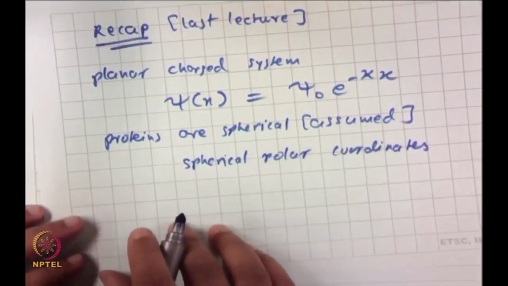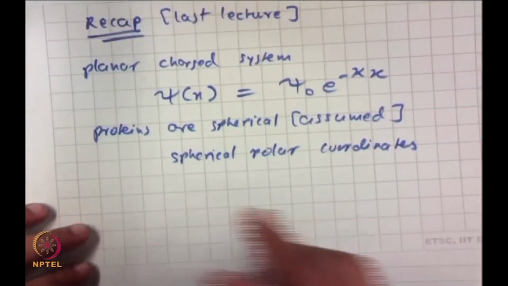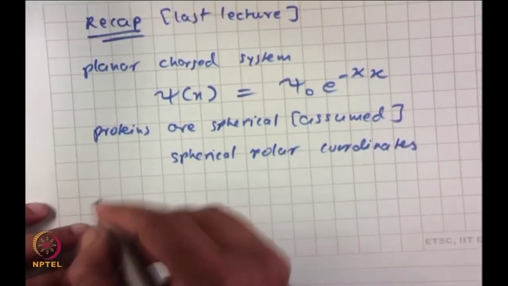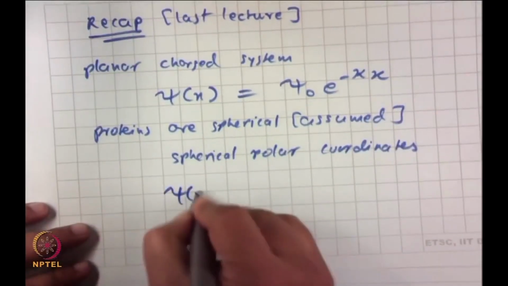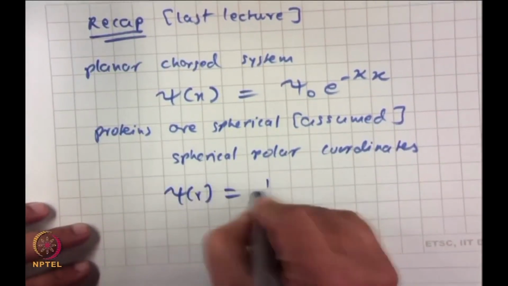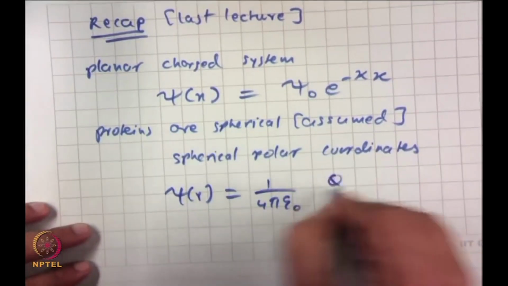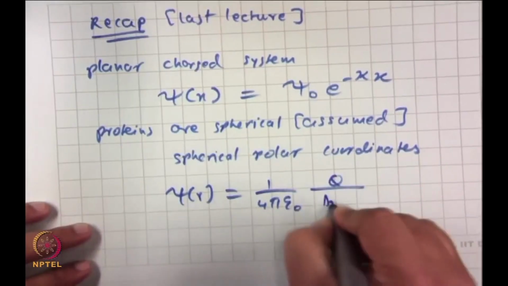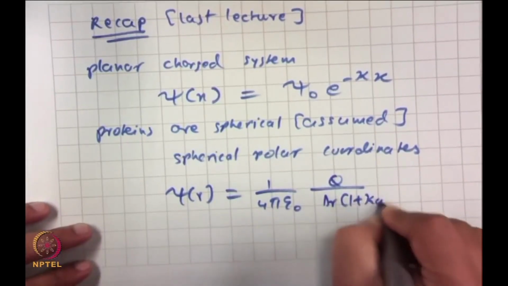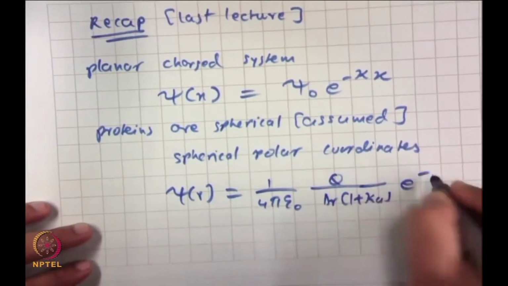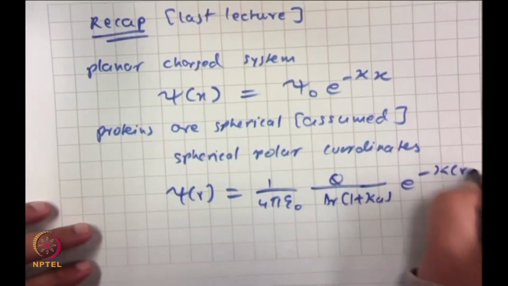So that is what we used. The final expression we got from there is psi of r is equal to 1 by 4 pi epsilon 0 q by d of r, 1 plus kappa a times e to the power minus kappa (r minus a).